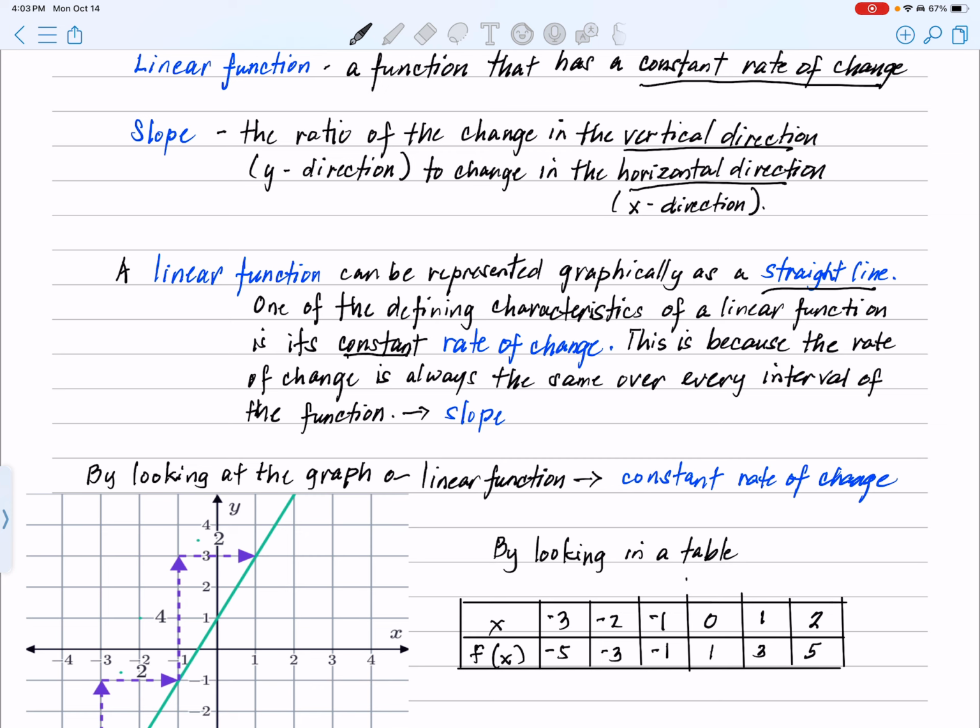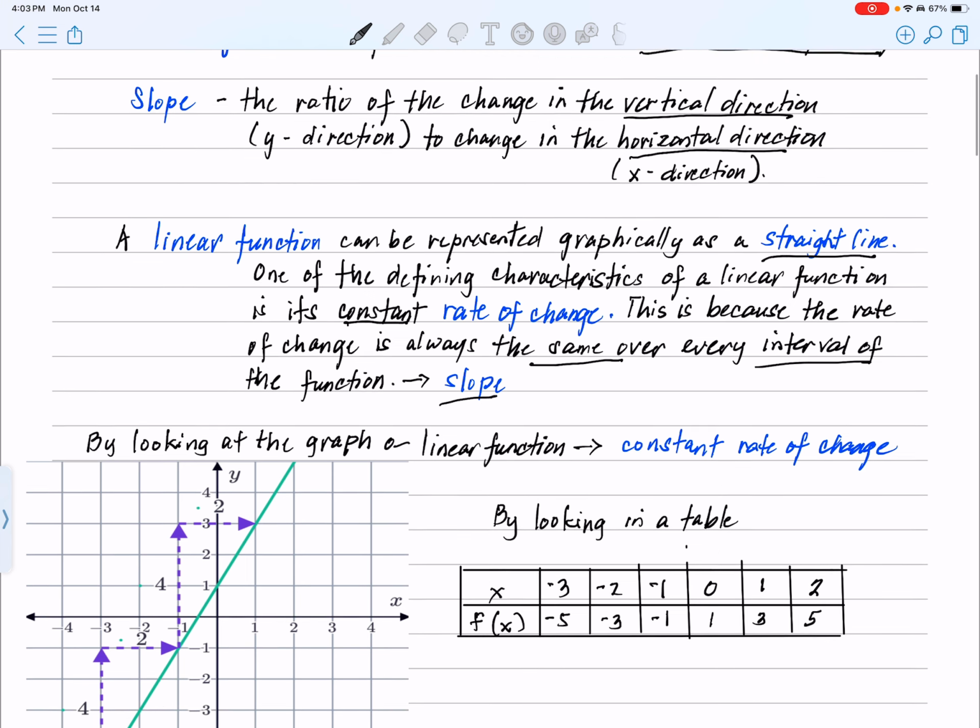This is because the rate of change is always the same over every interval of the function. And that's when we determine the slope. Okay, let's look at it. All right, we'll start with graphically.